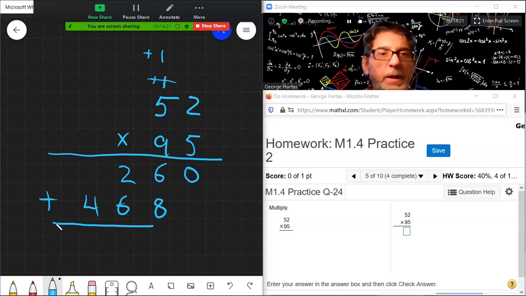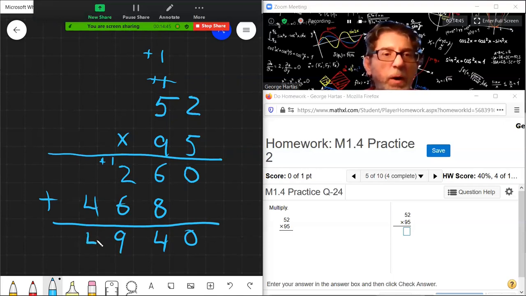Add. 0. 6 plus 8 is 14. Carry the 1. We're going to add the 1 to all of these numbers in the hundred spot. 1 and 2 is 3. 3 plus 6 is 9. 4 plus nothing is still 4. So 4940 should work.